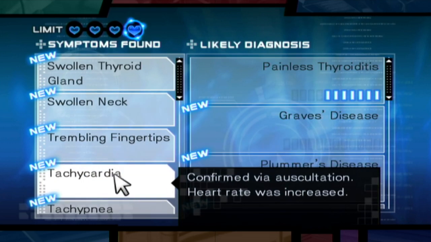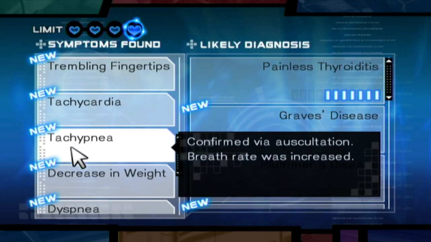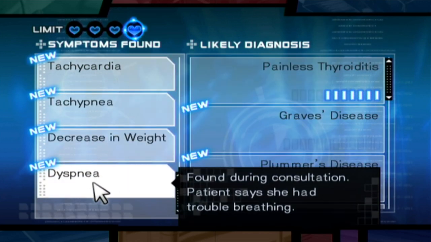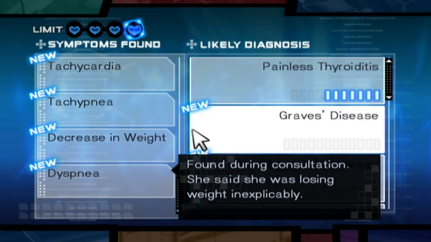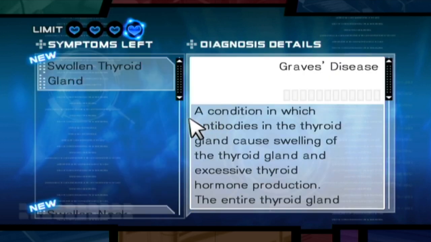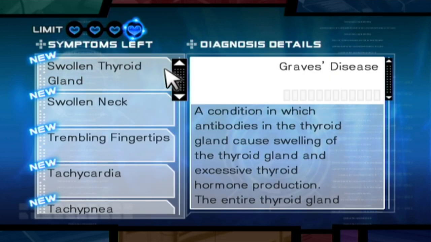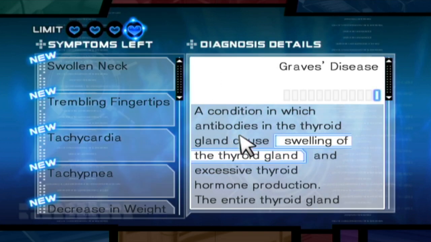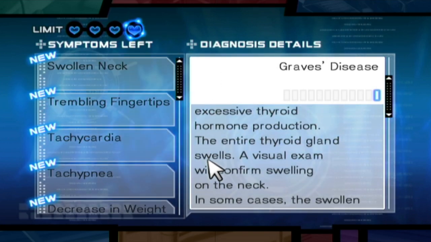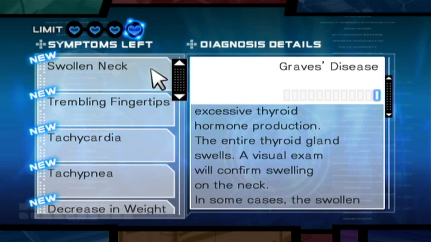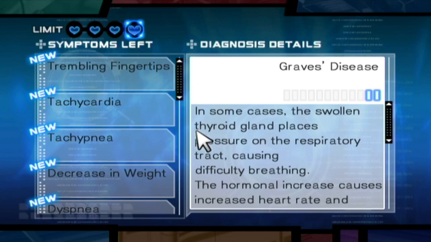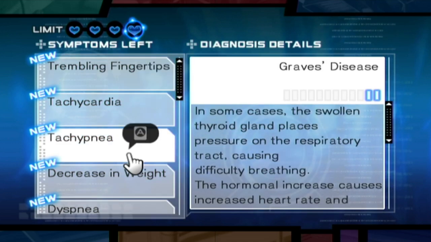Tachycardia is heart rate. That is breath rate. Heart, breath, and breathing issues, just so I know. Alright, thyroid gland. Neck swell, sore neck, pressure on the respiratory system, difficulty breathing.